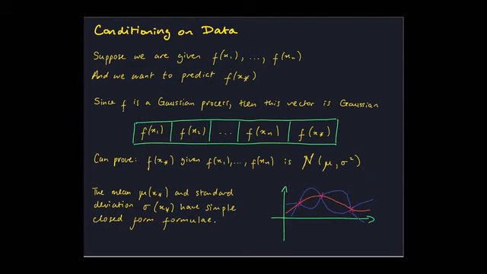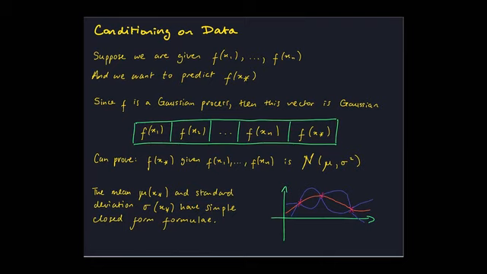And that is precisely the formula that gives you this kind of picture. Because basically you take this point x star and you sweep it along the x-axis, and the formula tells you both what the mean of this coordinate is conditioned on these ones, and also what the standard deviation is.